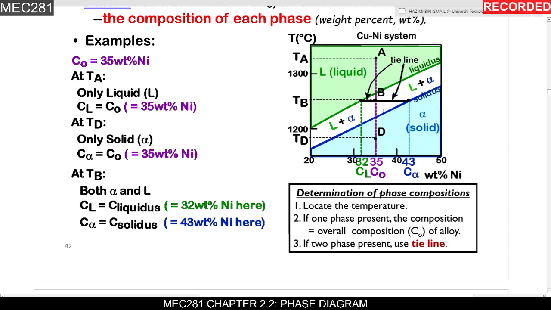You write down CL, the composition of the liquid, the limit for the liquid phase, and also the composition of the alpha, the solid. So you write down 32% and 43%. For the pure solid solution and the pure liquid, you just state: only liquid, only solid.